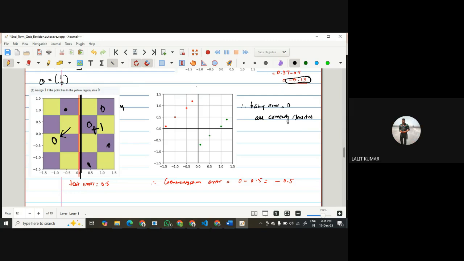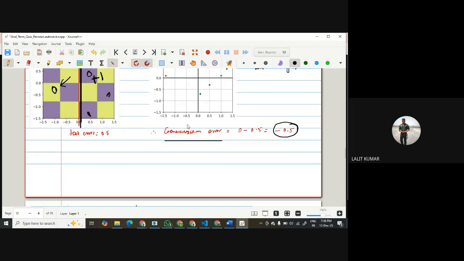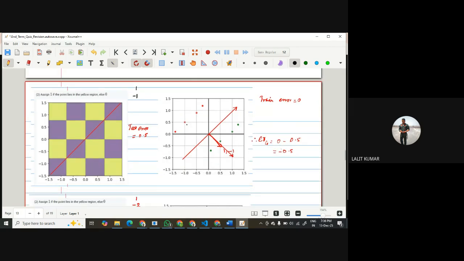Okay. So now see here, train error is 0. So your generalization error becomes 0 minus 0.5. It becomes minus 0.5. Similarly, you come to the third one. The third one is this point. Your decision boundary is here. So your train error again becomes 0. And again, you see it is symmetric, your test error is 0.5.